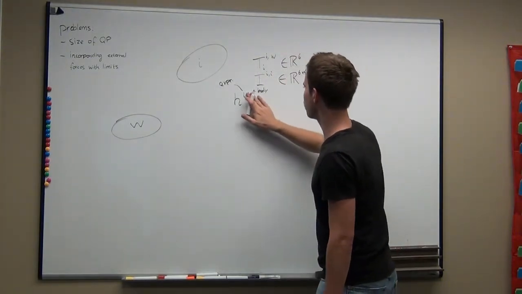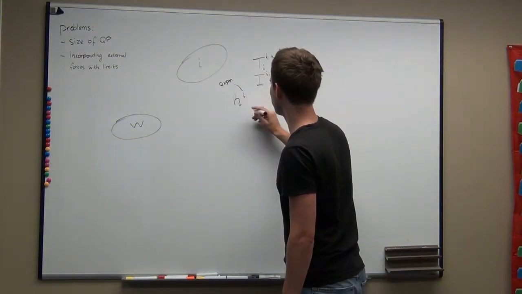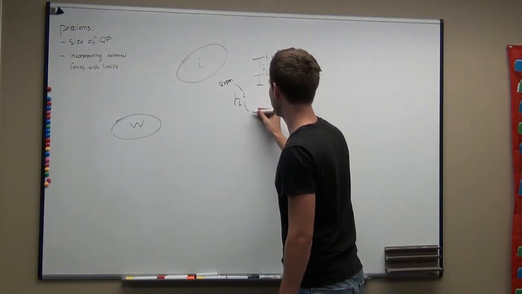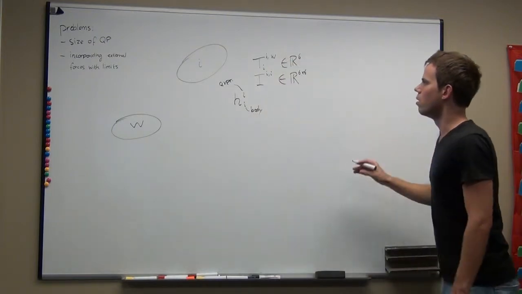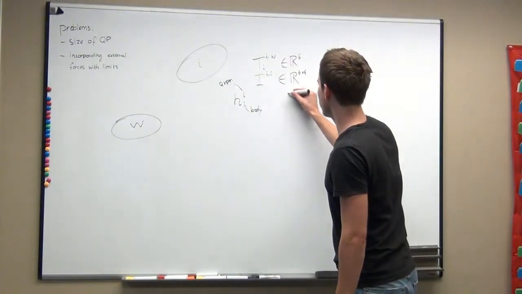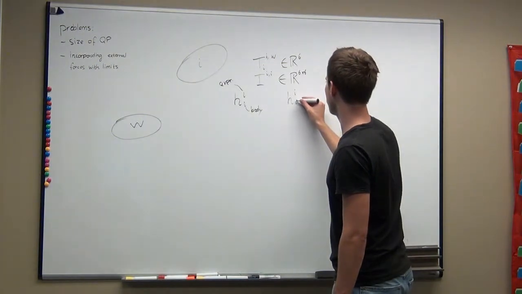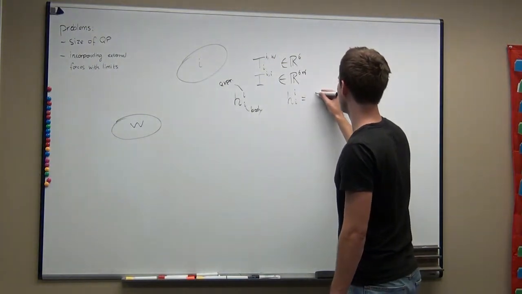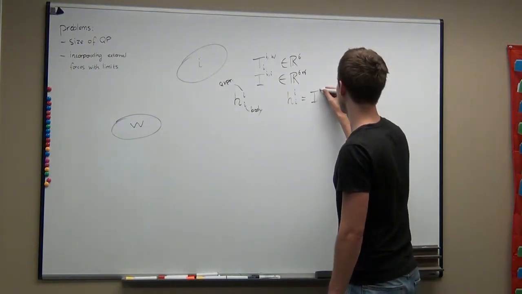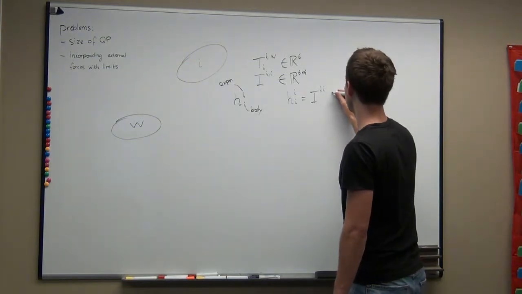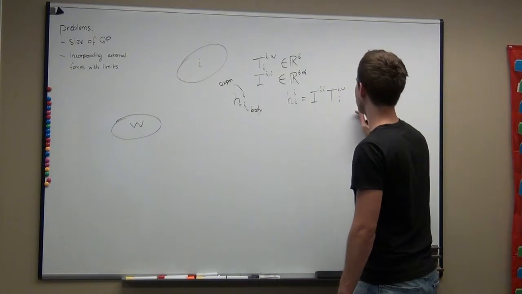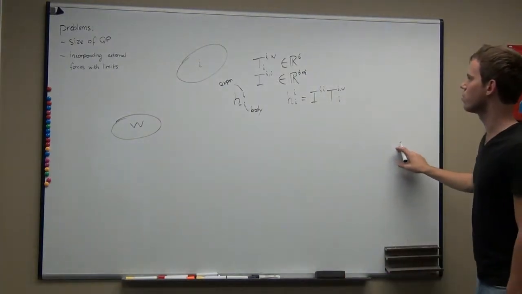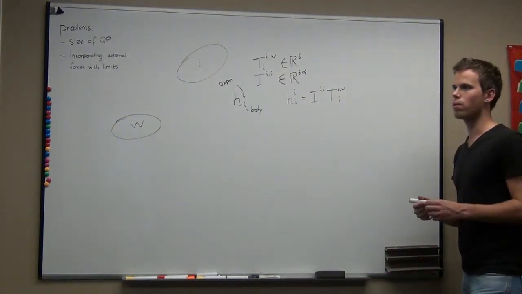But I'm actually going to prefer this notation where the body is on the bottom. And that's defined as H_I equals I times the twist T_I^W.